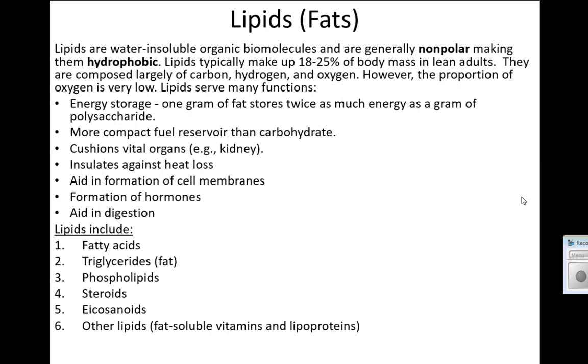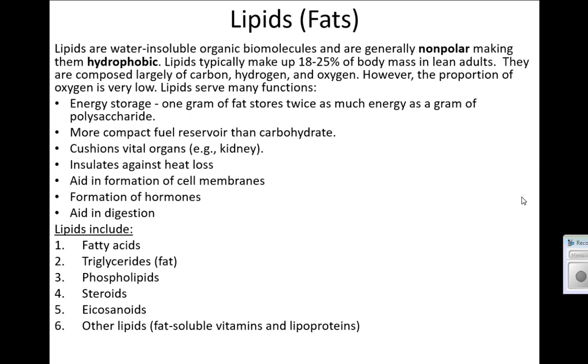The actual translation of hydrophobic means fearing water, which is what most fats do. They avoid water because they are water insoluble. It means they won't dissolve in water.